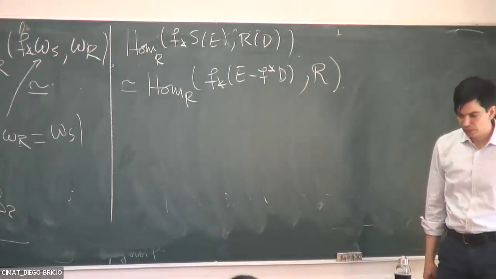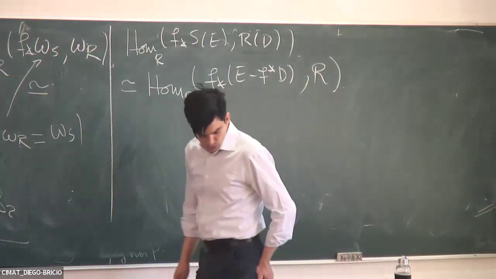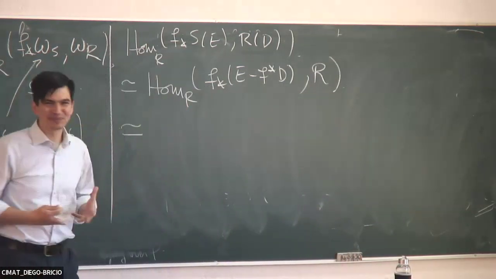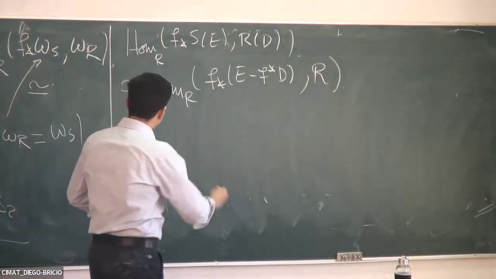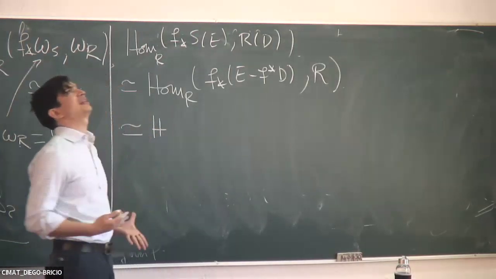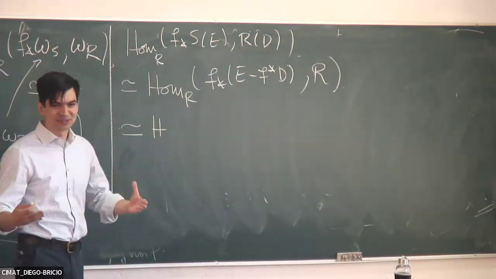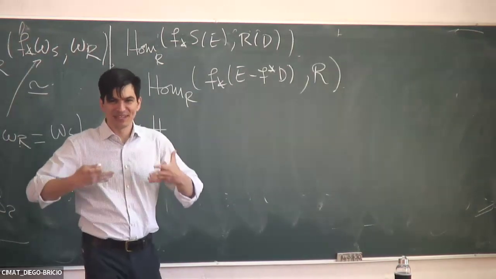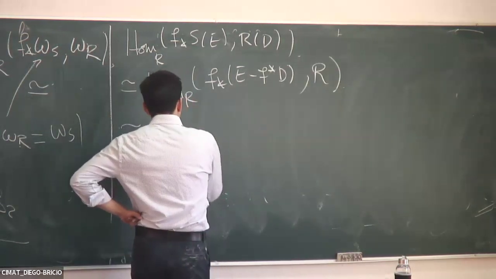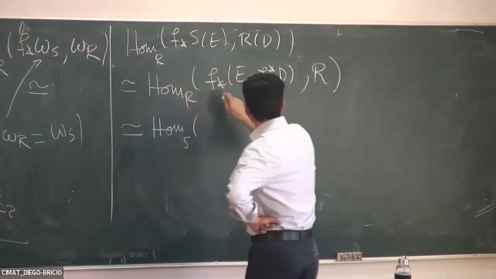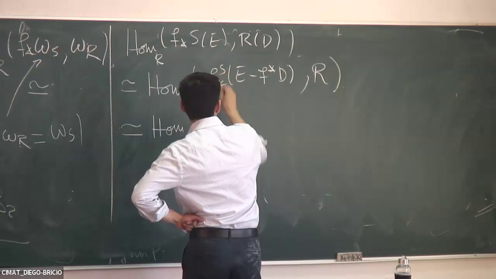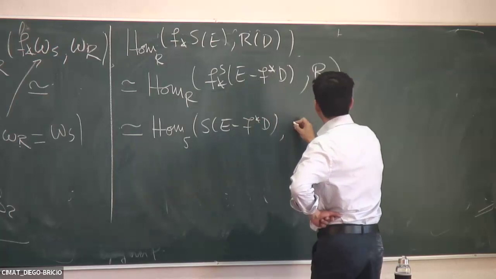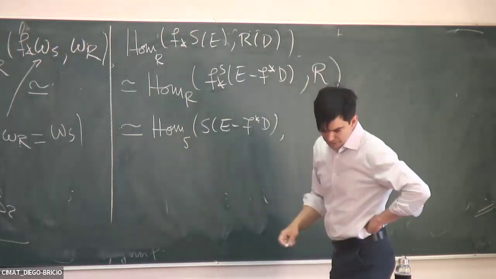Right? Now, I'm writing these as isomorphic, but again, these are equalities. I cannot write equality because these things are not equal, right? They live in different worlds, but they carry the same math. So they're mathematically equal. Okay, so by adjointness, I can remove my pull forward here. Oh, sorry, I forgot an S here. So I can put E minus pullback D, and here I'm going to have, I missed one step.